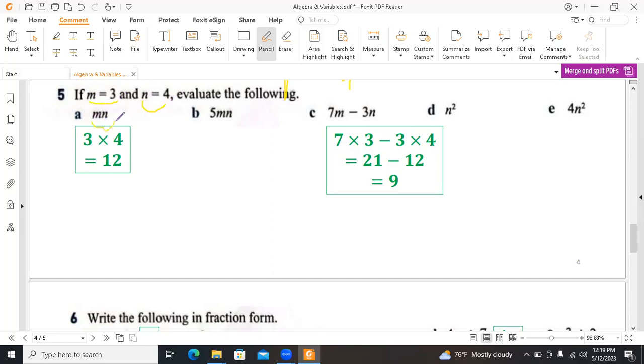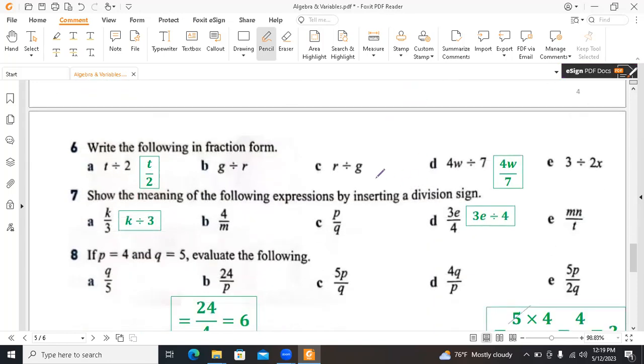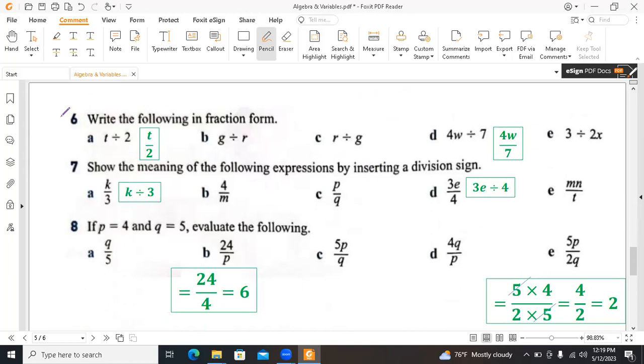For example, m times n is 3 times 4, which gives 12. Here, for example, it is 7 times 3 minus 3 times 4, so we obtain 21 minus 12 equal to 9.